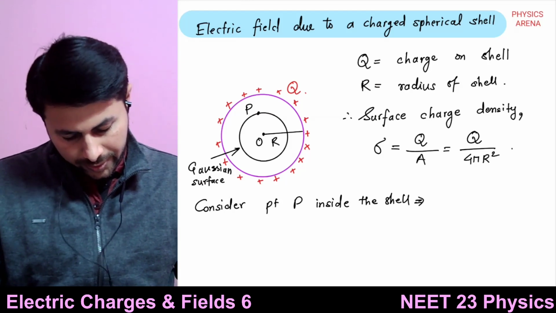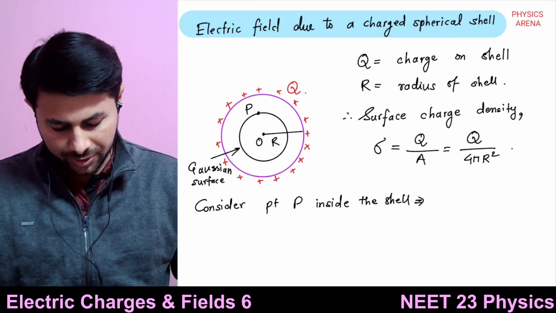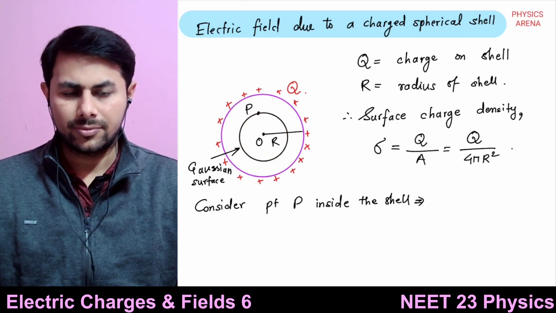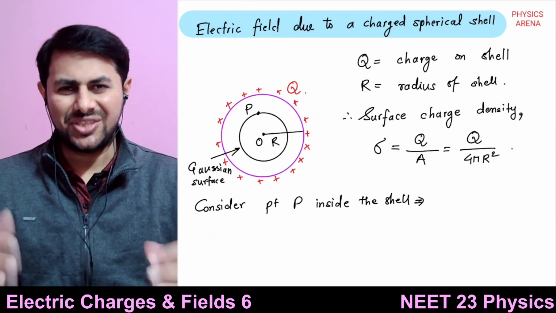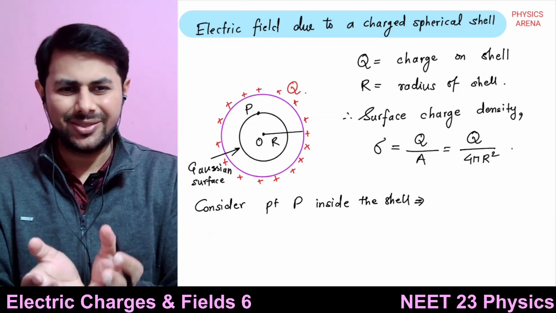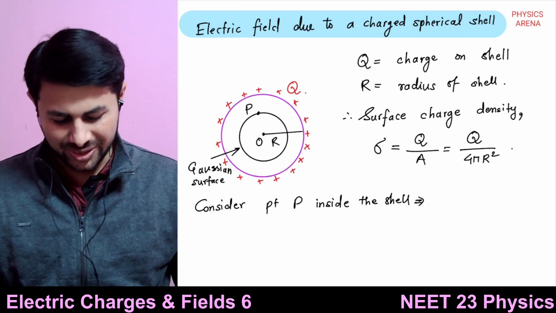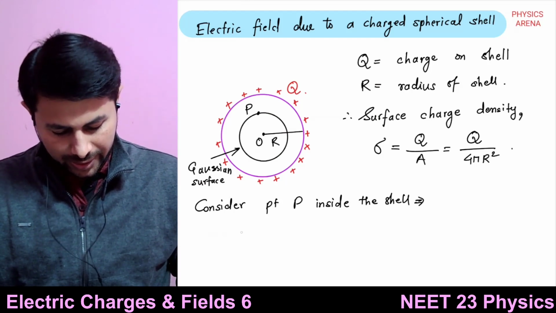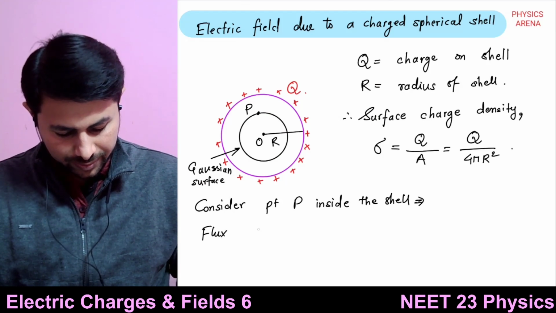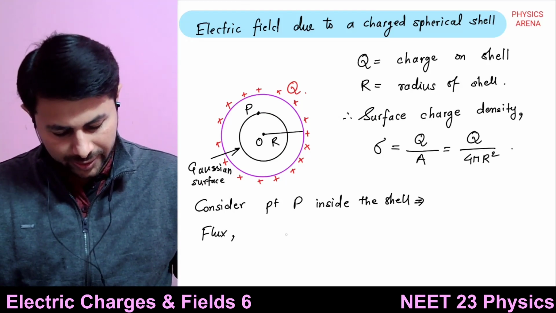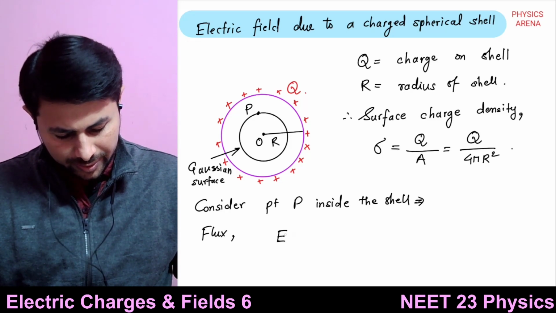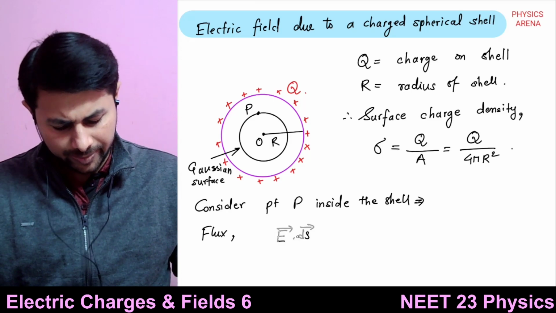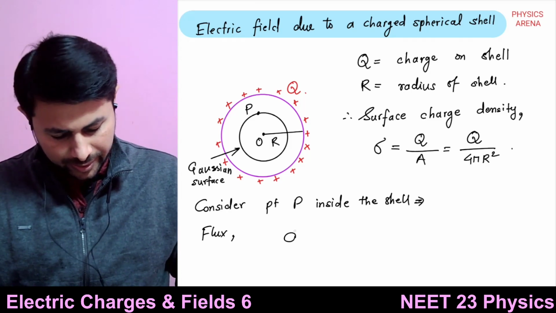Okay, right? So how much is the charge enclosed by the Gaussian surface? How much is charge inside that Gaussian surface? Zero, right? There is no charge inside the Gaussian surface. Okay, so I can say flux, which is E bar dot ds bar, and okay, let's write flux phi only first.